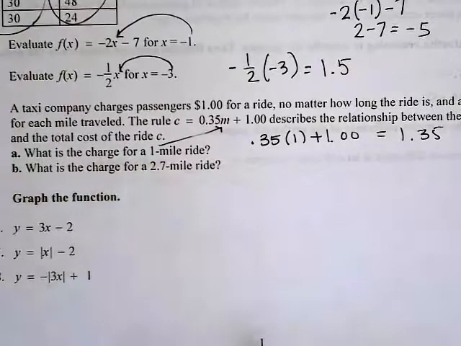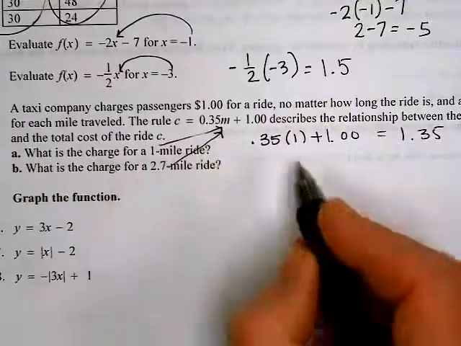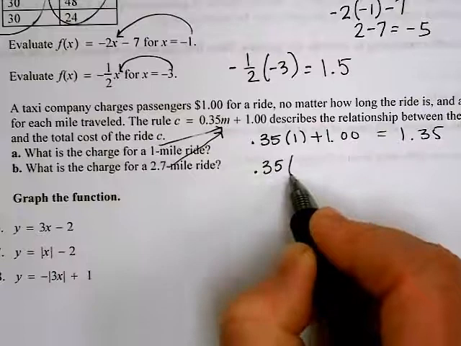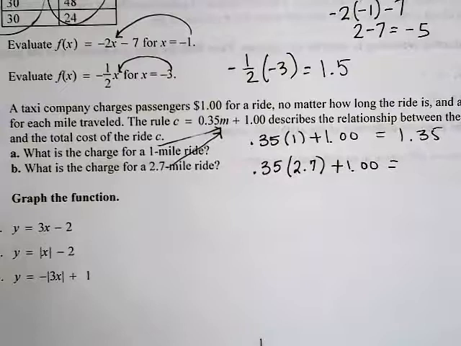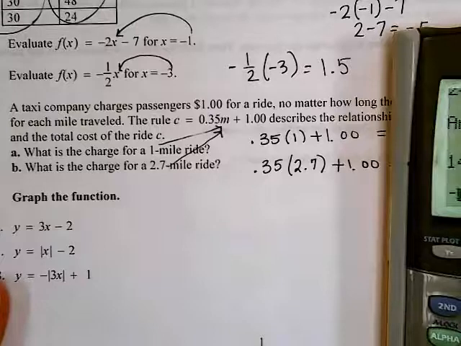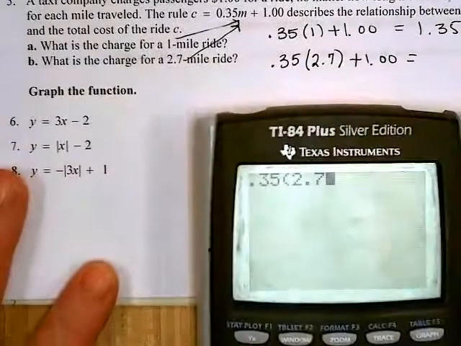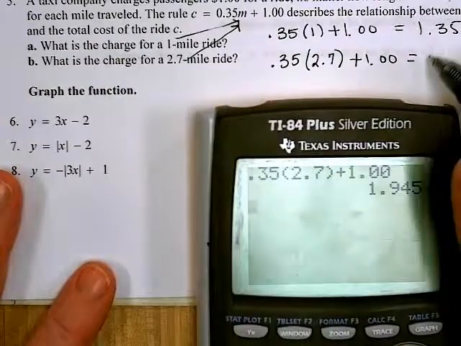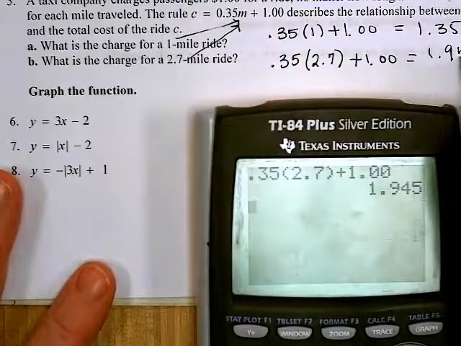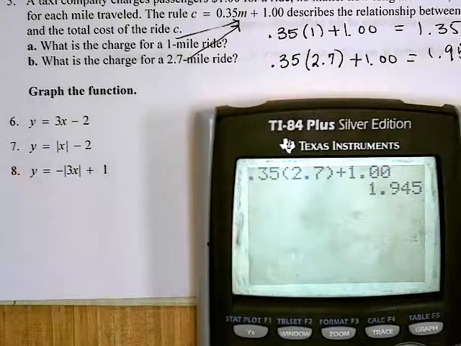A 2.7 mile ride, you're going to put 2.7 in place of m. 35 cents times 2.7 plus $1. So let's see what that is. $1.95 is going to be what they charge you.